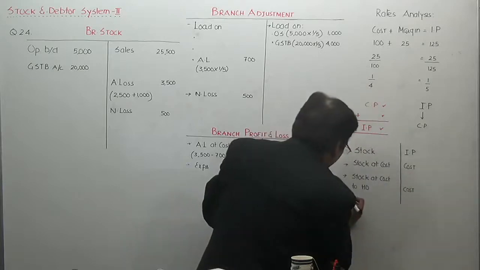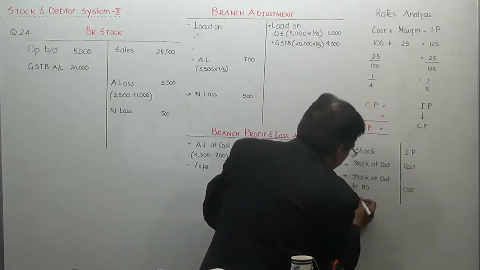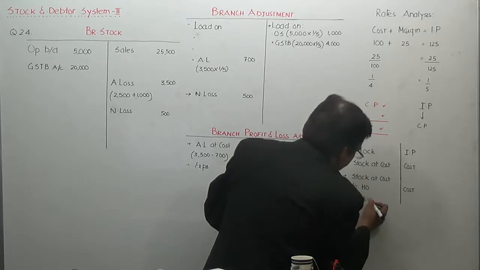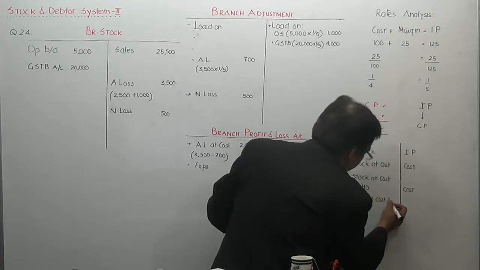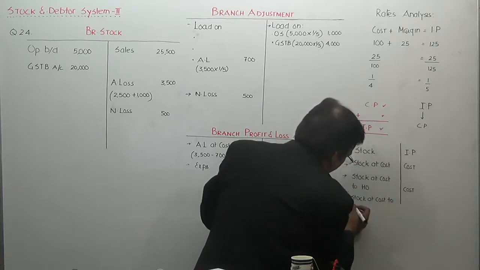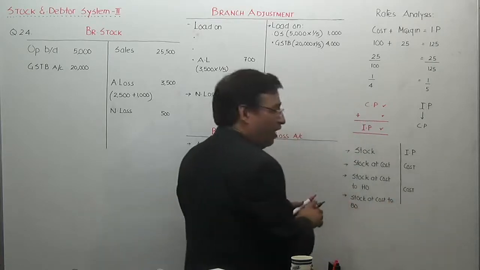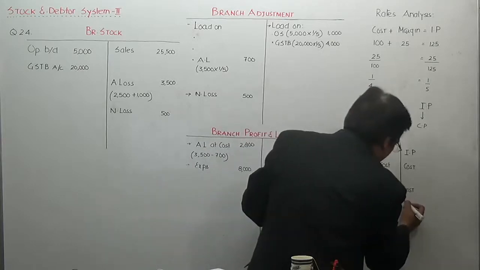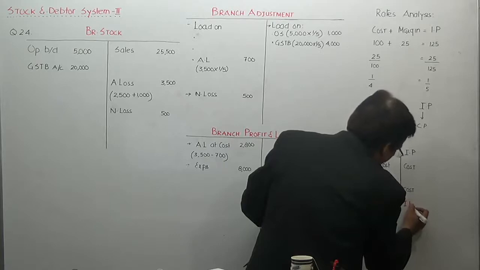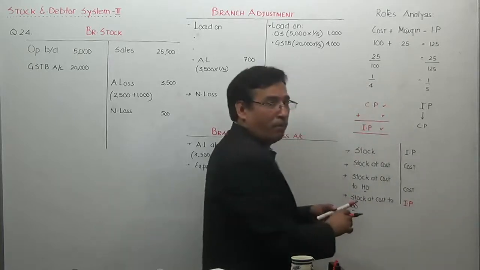Now suppose it is given this way round: stock at cost to branch office. Now, if it is given this way round, it means in this case stock is at invoice price. Is it clear to you or not?